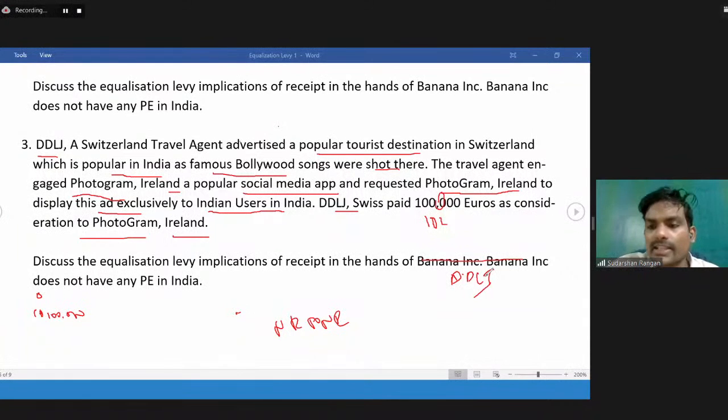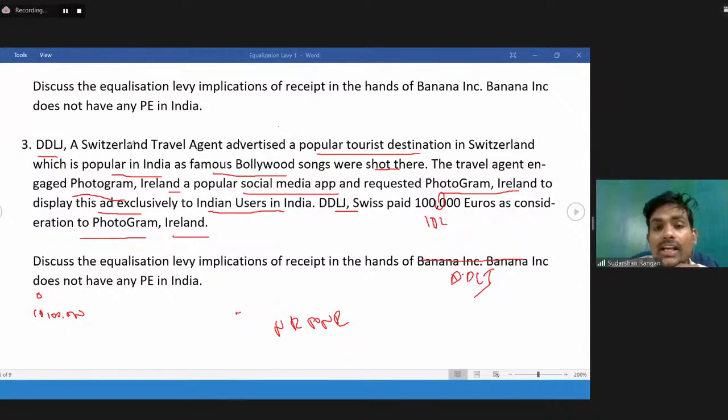Next time I want to attract these Indians to come to Switzerland, so let's try to target these Indians in the social media by putting these ads. Now let's try to analyze the equalization levy implications. On one hand, this is an online advertisement.